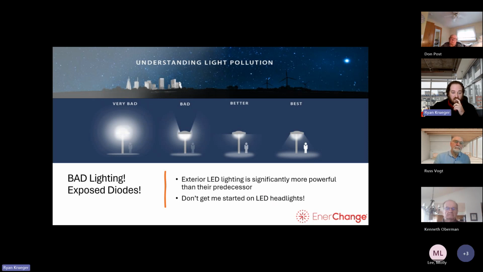But it's a game of the diodes being exposed. The fixture is at an angle where it is throwing light up and not specifically down. And this image kind of hammers it home: if you have a fixture that does not have the diodes exposed and it's just throwing light at the ground, then you reduce light pollution.